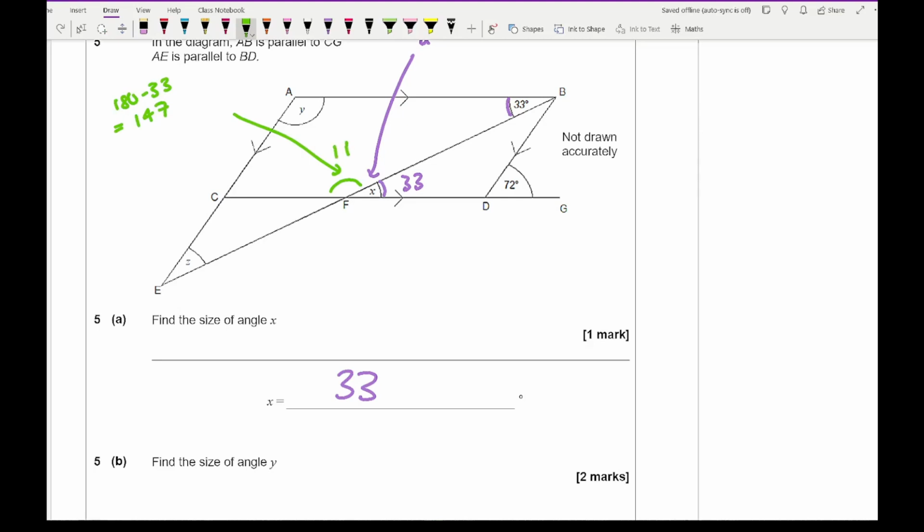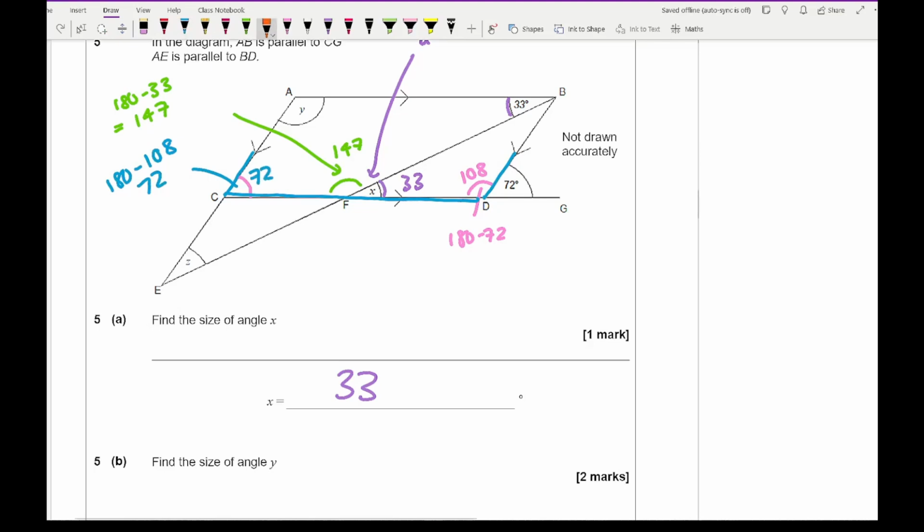So then to work out what this angle here is going to be, if I can work out what this angle here is, well, that's going to be 180 minus 72, which is 108. Now, these two angles here are co-interior. So this angle here is going to be 180 minus 108, which is 72.